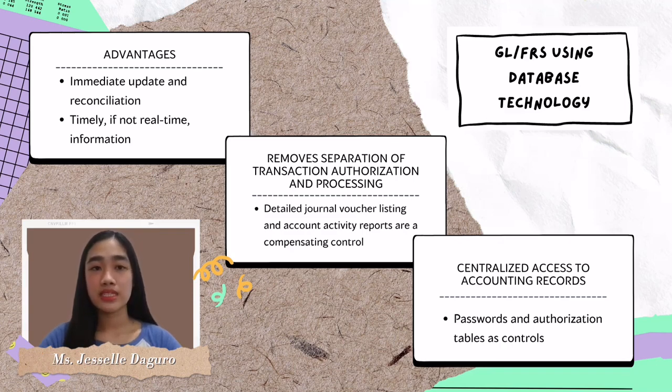In line with this is that the compensating control should be maintained, which are the detailed journal voucher listing and the account of activity reports. Then lastly, the general ledger or financial reporting system using database technology has centralized access to accounting records. For its access controls, it requires passwords and authorization tables. This constitutes less work to the database technology.